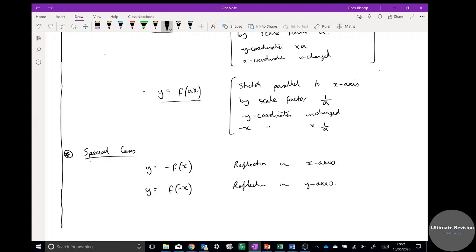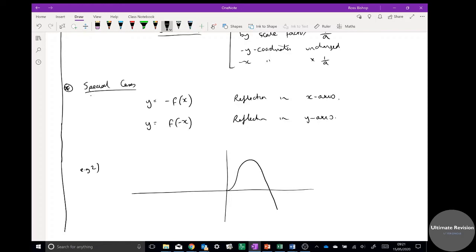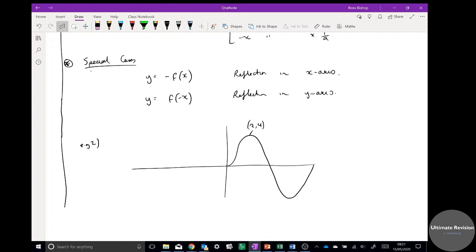Okay, I'm going to do one more example on these, and then you can get cracking on the worksheet. So example 2, looking at stretches. If I had a function, it could be anything, I'm going to draw a wiggly line. I'm just going to say that coordinate there is (2, 6), and same as before, this one (6, -2).